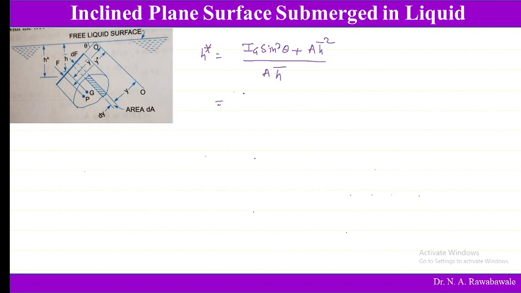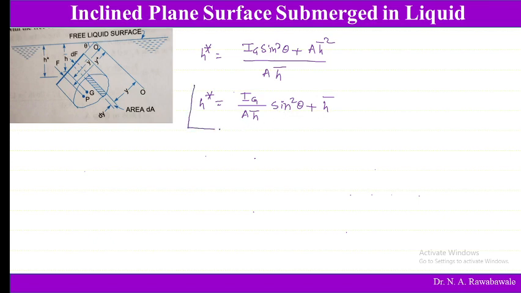So this can be written as Ig divided by A h bar sin square theta plus, A gets cancelled, h bar gets cancelled, only h bar is going to remain. So h star is equal to Ig sin square theta divided by A h bar plus h bar.